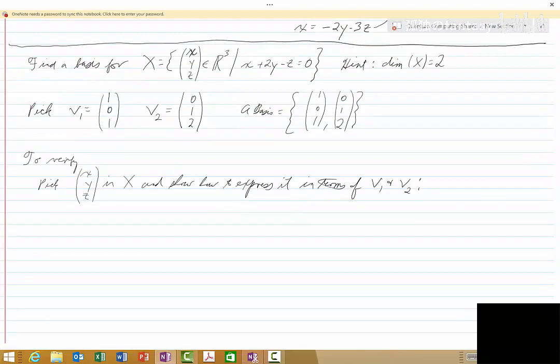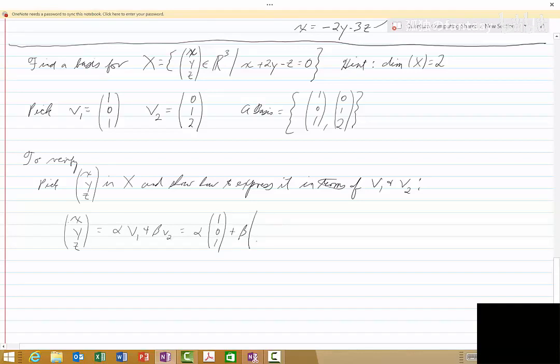So we'll have x, y, z equal to alpha V1 plus beta V2, which is alpha times 1, 0, 1 plus beta times 0, 1, 2, which is alpha, 0, alpha plus 0, beta, 2 beta, which is alpha, beta, alpha plus 2 beta.